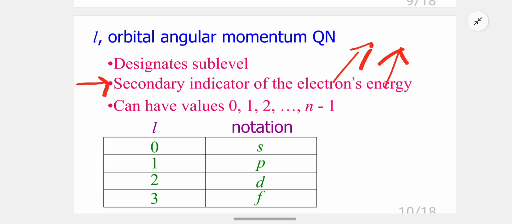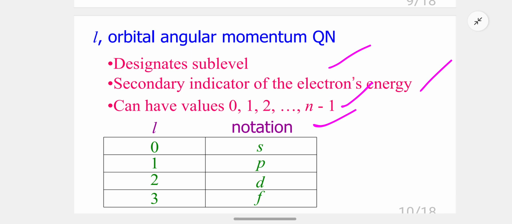The orbital angular momentum quantum number, or azimuthal quantum number, can have values 0, 1, 2, up to n-1. It has integral values of l: 0, 1, 2, 3, which correspond to specific orbitals S, P, D, F, etc. So n-1 is the basic formula for finding the proper azimuthal quantum number for an indicated sublevel.